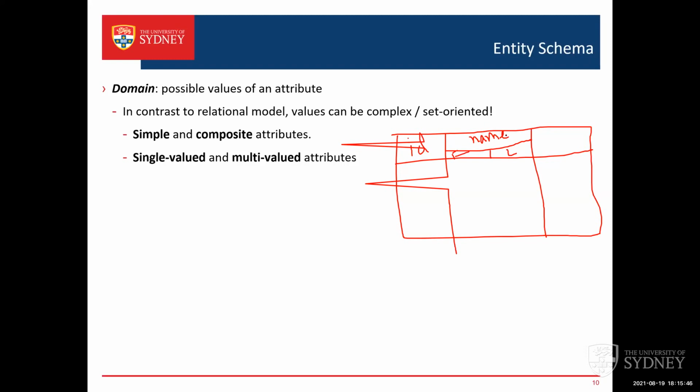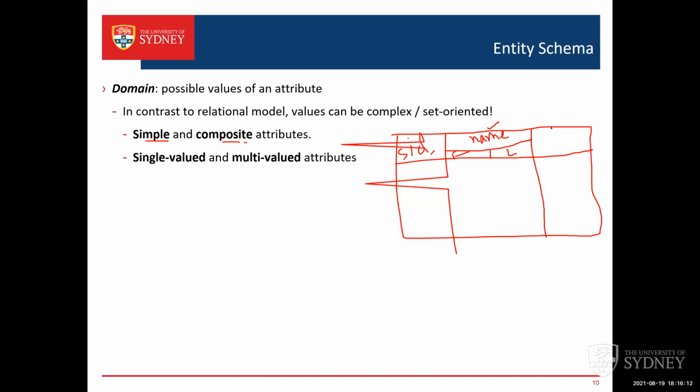If we can divide one attribute into multiple parts, that attribute is known as composite attribute. Let's say student ID, we have a student table. So SID is a simple attribute. We'll not be able to divide that one into multiple parts. But if we have name, the name we can divide into first name, last name, middle name. So that attribute is known as composite attribute.